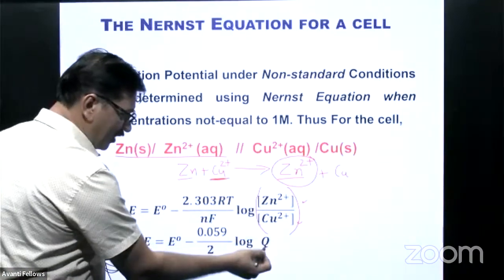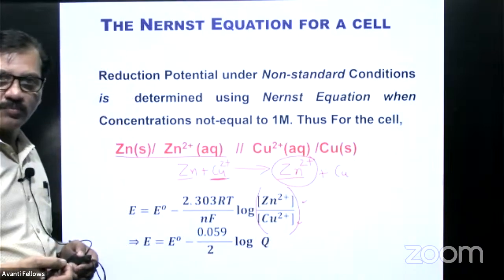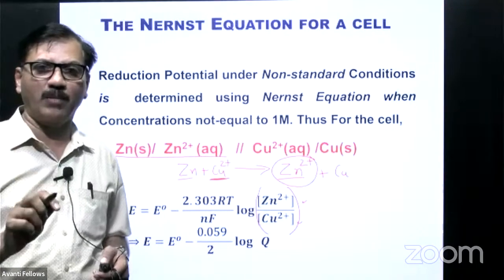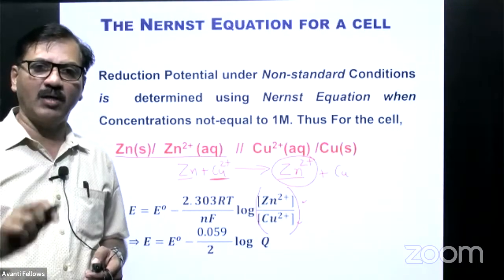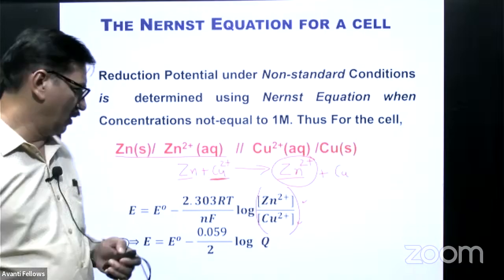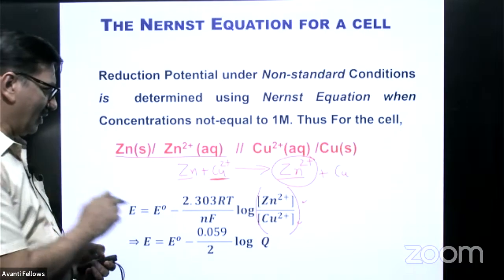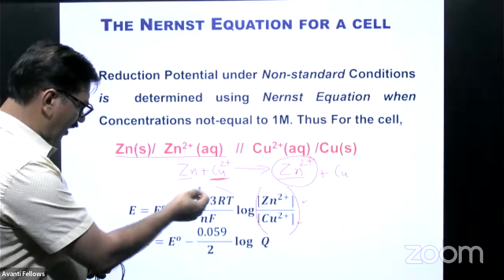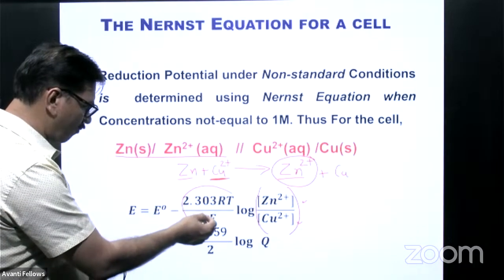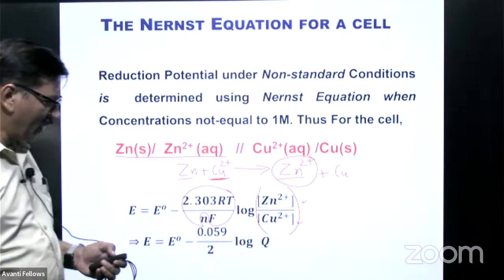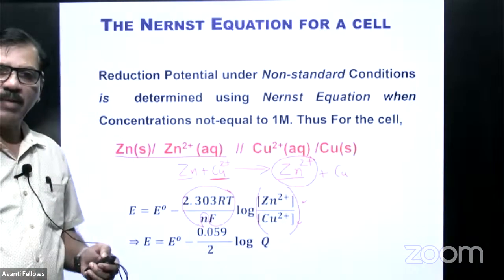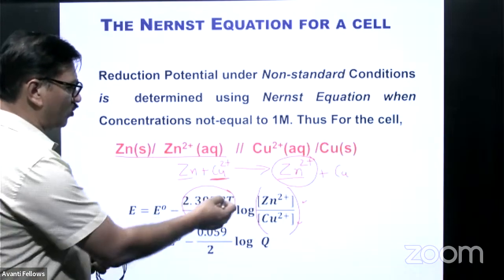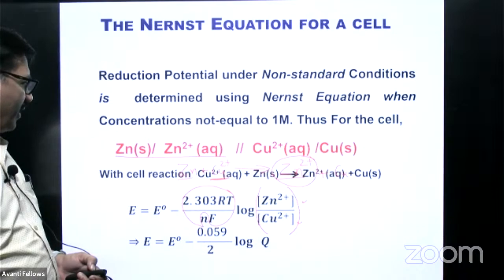This is called the reaction quotient and denoted as Q. So Q has the same expression as the equilibrium constant, but measured before attaining equilibrium. Therefore, this is the Nernst equation. But we can modify this by taking the values of the constants at 25 degrees Celsius.